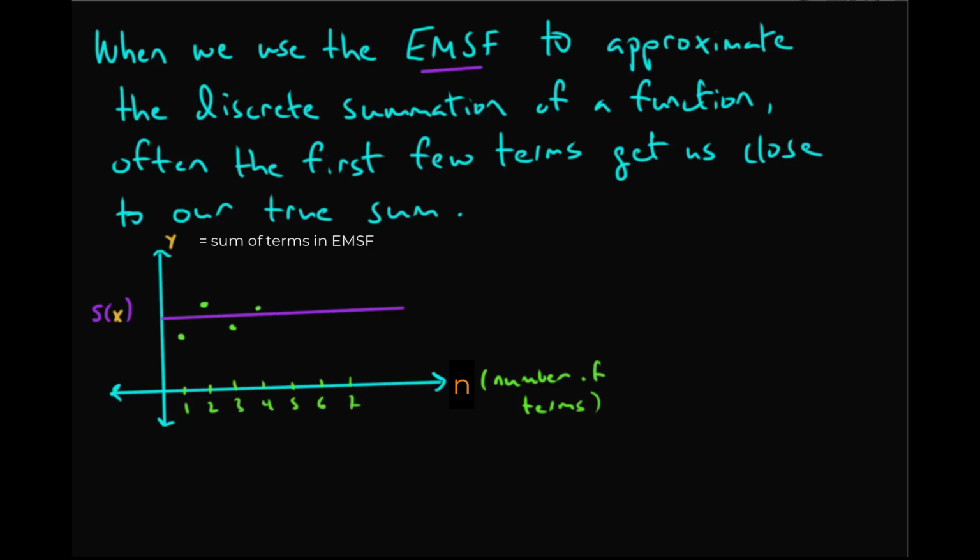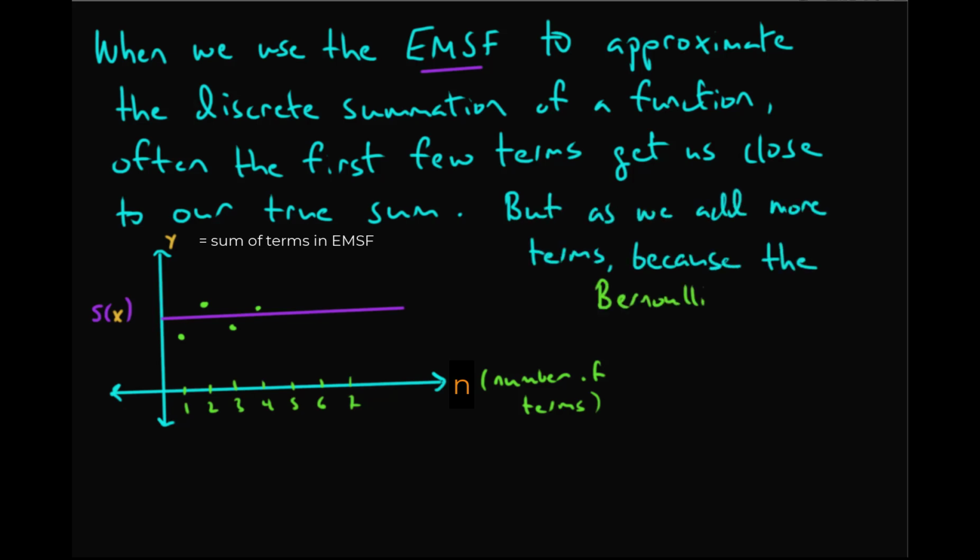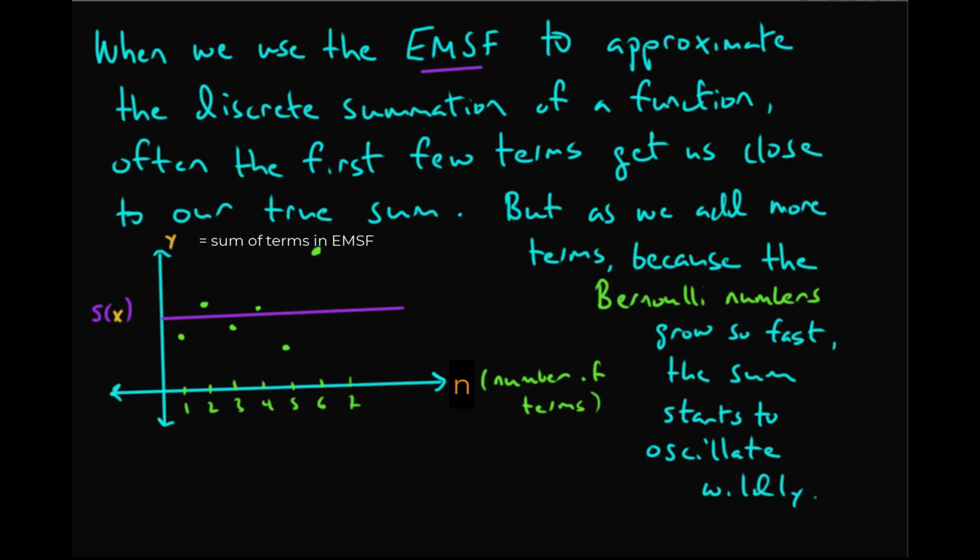And what we see is that as we add up more and more terms, initially the sum is getting closer and closer to the true value, to s of x. But as we keep adding terms, because the Bernoulli numbers grow bigger and bigger, the sum starts oscillating wildly around the true value.